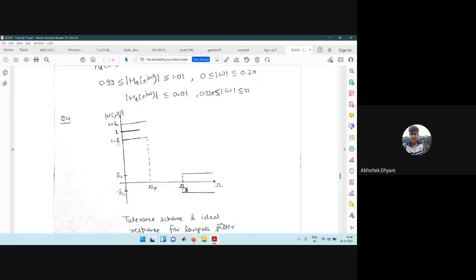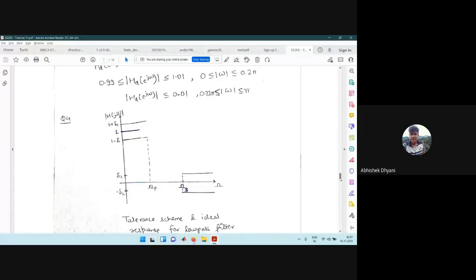So this is some error tolerance delta 1, and we were saying that from 1 minus delta 1 to 1 plus delta 1 the response should be. And similarly there was some delta 2 such that between minus delta 2 to delta 2 the response should be in the stop band, right?